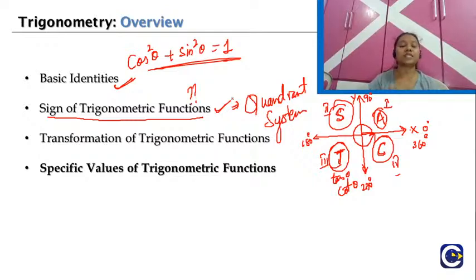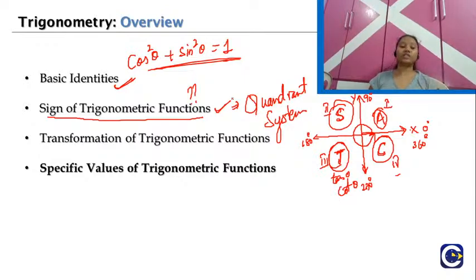If we take some specific angles, then for that corresponding angle we'll have specific values. Now you might have a question: why are we starting with these specific values of trigonometric functions?